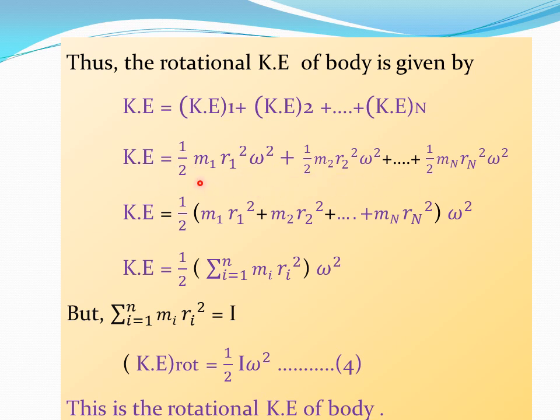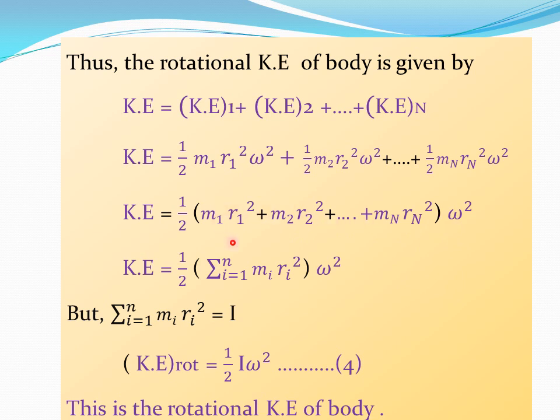So adjustment, see here, this 1/2 and this we will take as a constant: 1/2 omega square, and omega square we will take as a constant. So 1/2 is constant and omega is also constant.